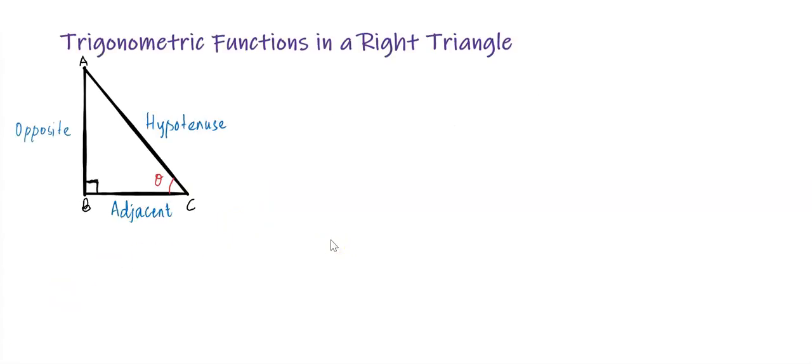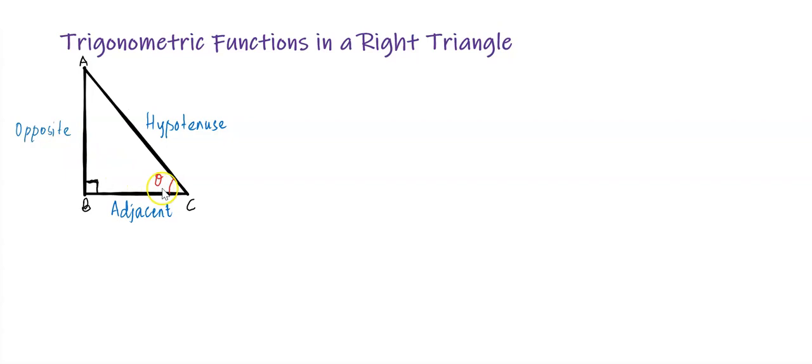Okay, so let's focus on all the 6 trigonometric functions in a right triangle. Here we have a right triangle ABC, which is right angled at B, and the angle here, angle C, is some angle theta.